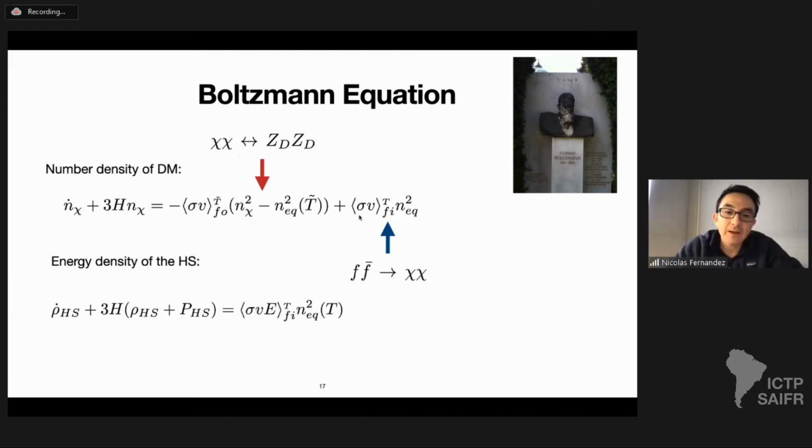Ah, okay. Because you have some energy transfer between the kinetic terms here. Yeah.